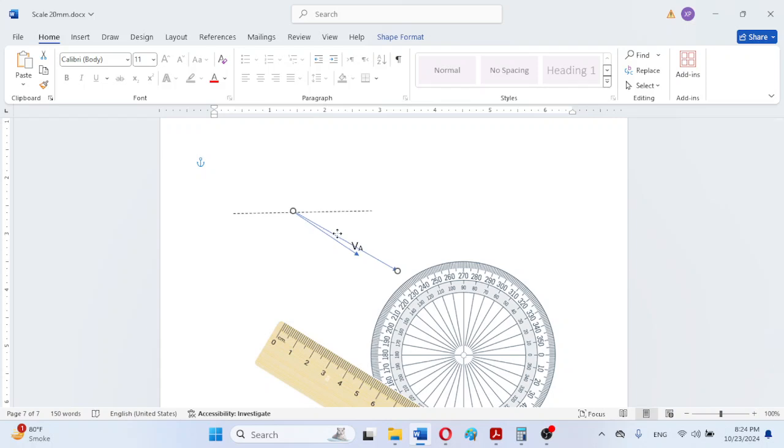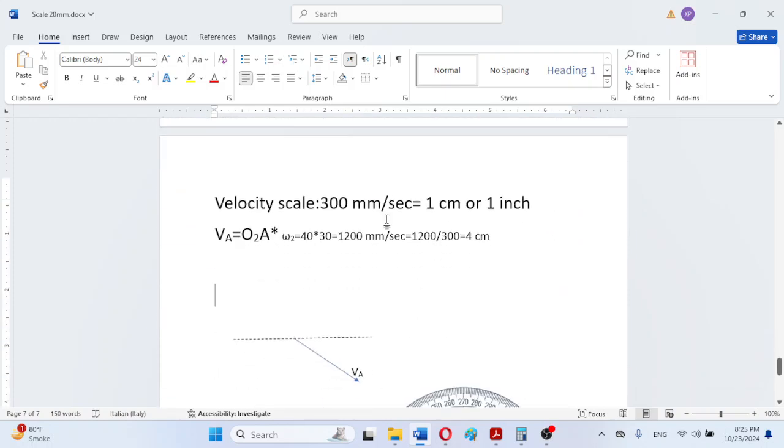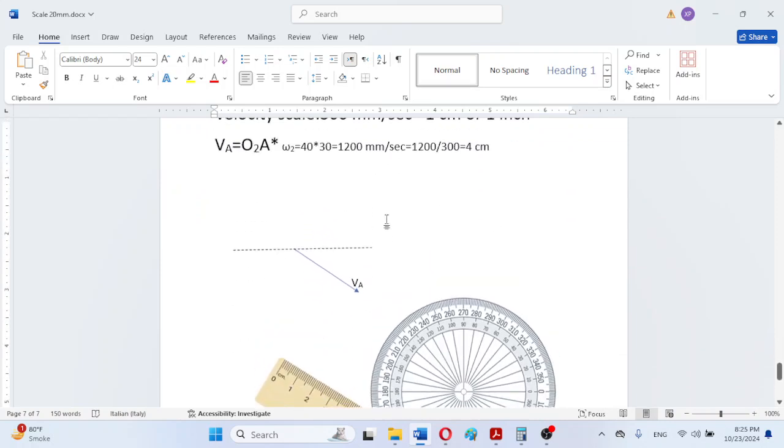As we can observe, this is the exact location, though due to placement there is a slight mismatching. The vectors can be moved or placed like this as well. However, VA has been defined at a 30-degree angle. So now we will be drawing vector VBA line.